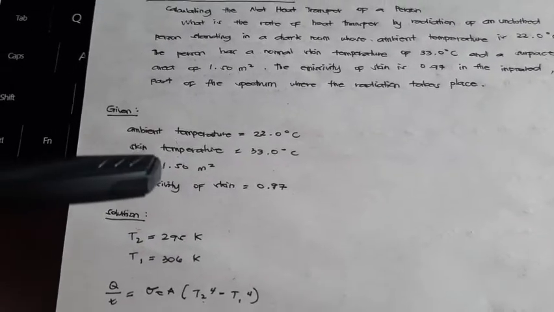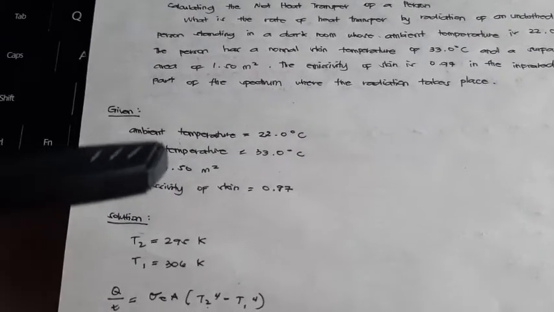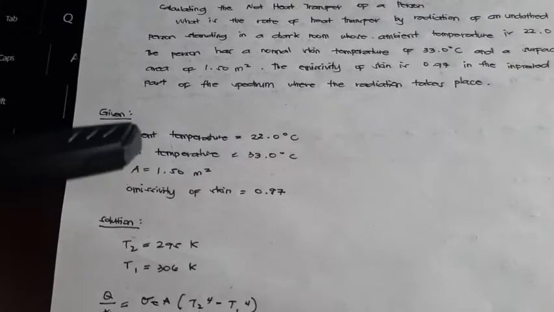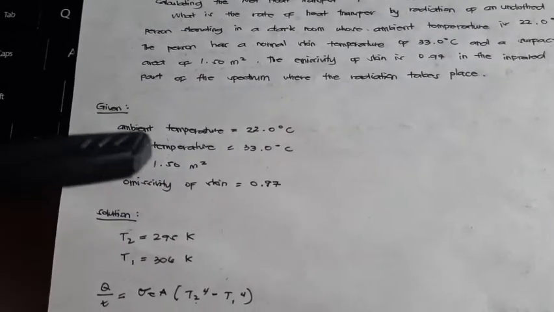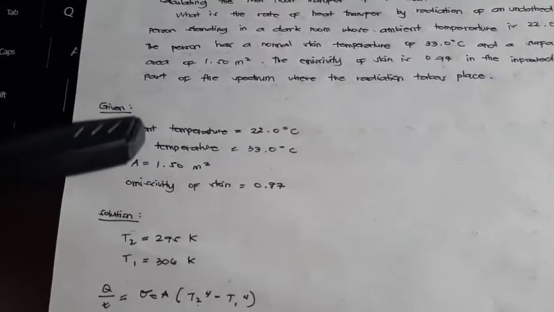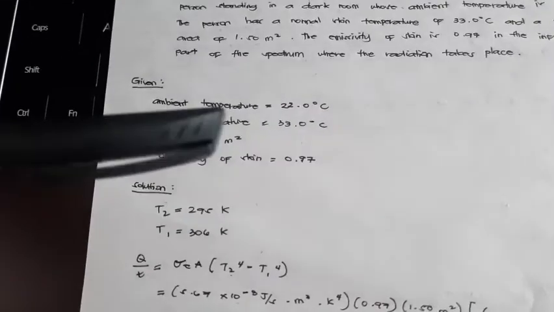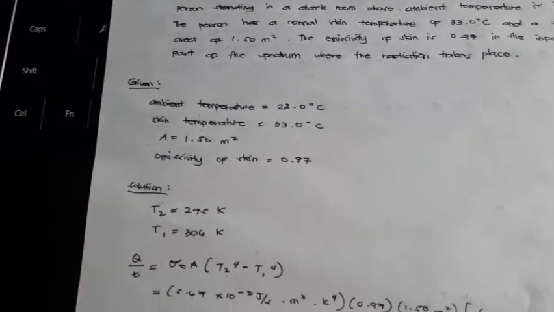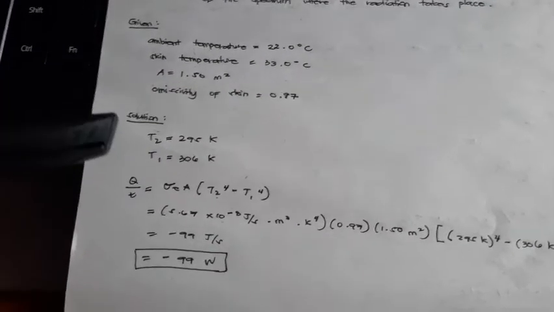According to the book, the Stefan-Boltzmann equation needs only slight refinement to deal with the simple case of an object's absorption of radiation from its surroundings. Assuming that an object with a temperature T1 is surrounded by an environment with uniform temperature T2, the net rate of heat transfer by radiation is given by this formula.